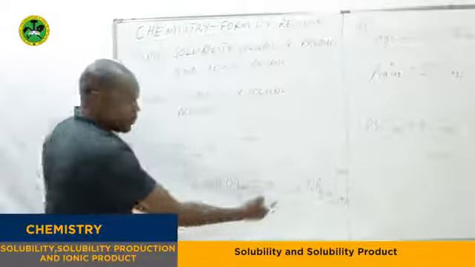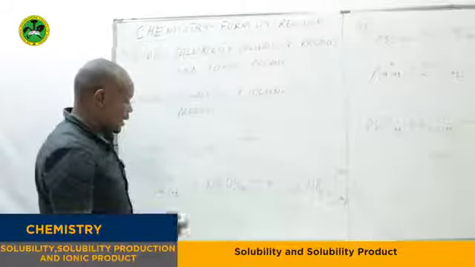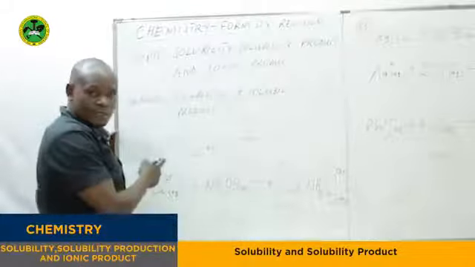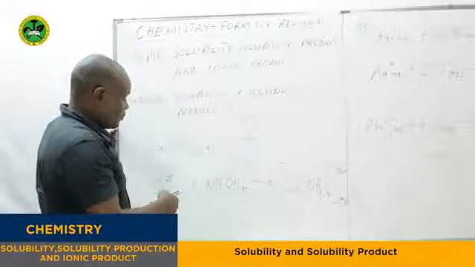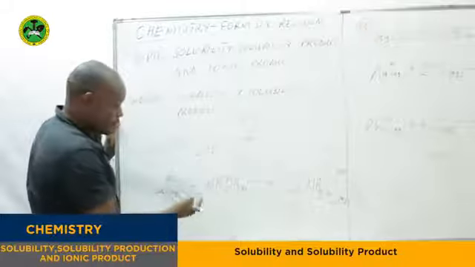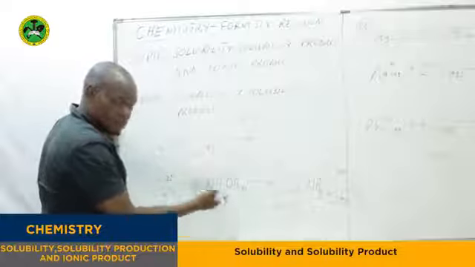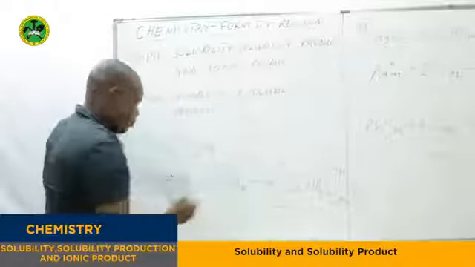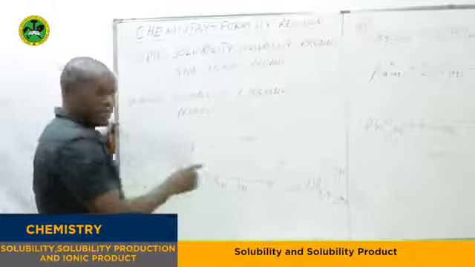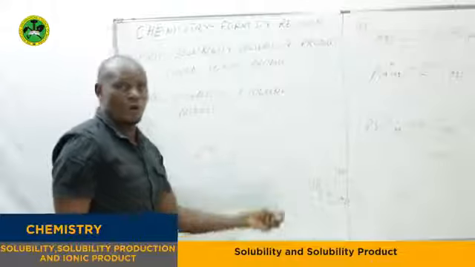The complex compound formed here is soluble. So that's why we say copper hydroxide is sparingly soluble in water, but in the presence of concentrated ammonia solution, which is ammonium hydroxide, the ligands, which are ammonia, will combine with copper(II) ions, leading to the formation of a soluble complex compound.